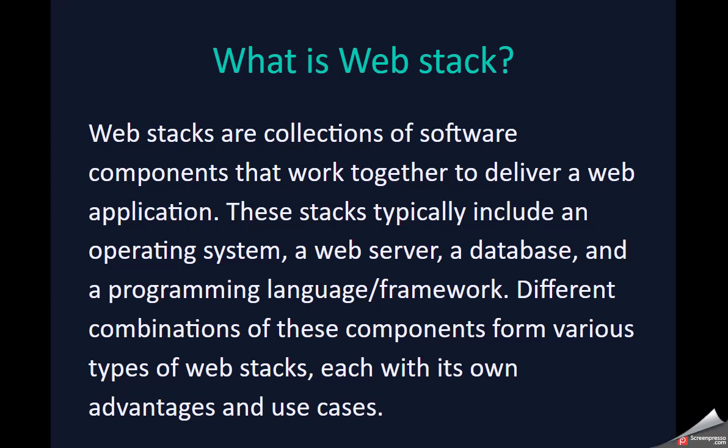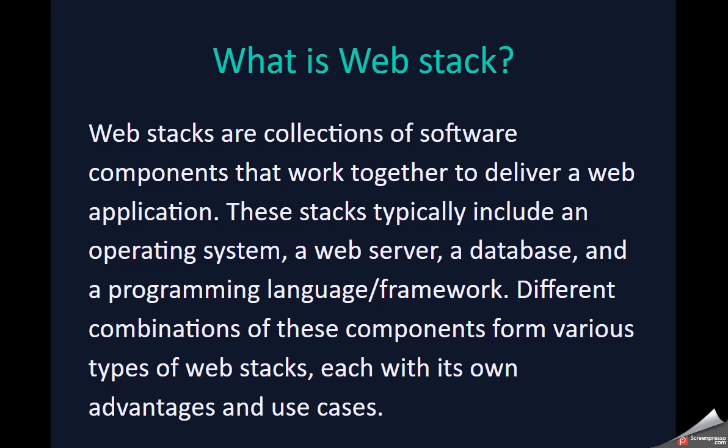Web stacks are collections of software components that work together to deliver a web application. This stack typically includes an operating system, a server, a web server, a database, and a programming language or framework. Different combinations of these components form various types of web stacks, each with its own advantages and purposes.